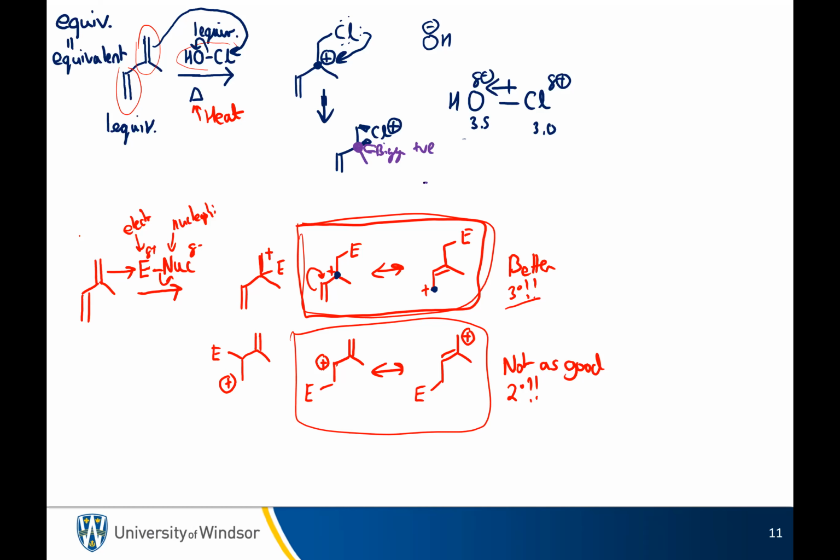So at this point now, OH minus comes in from the back, breaks the carbon-chlorine bond, and if the OH came in from the back, it means the methyl group that had previously been there got pushed up. And so we get this product.